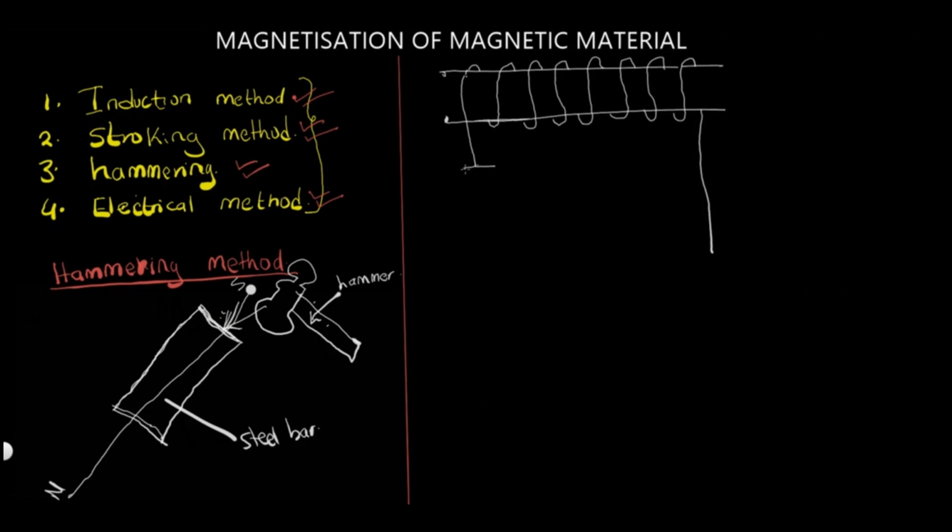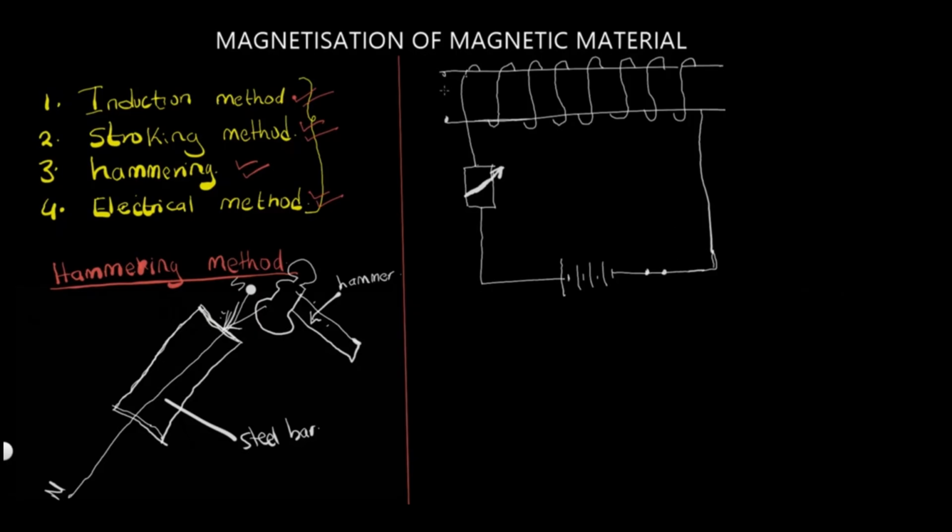So here you can have a variable resistor to control the amount of current flowing in the circuit. Down here you can have a battery. You can choose to have a switch here. Let us have a switch here. This is a switch. You can open or close the circuit.